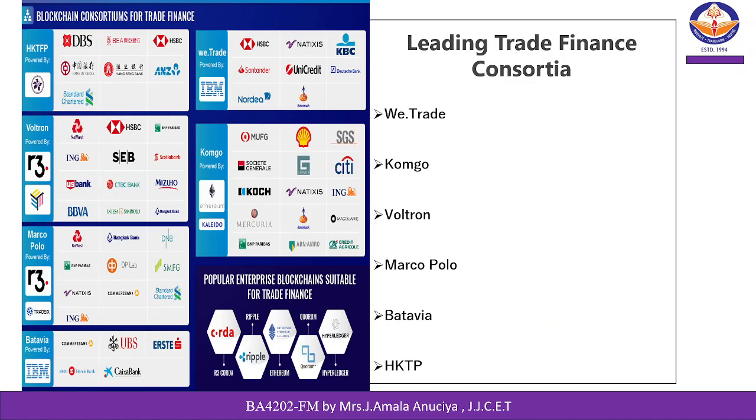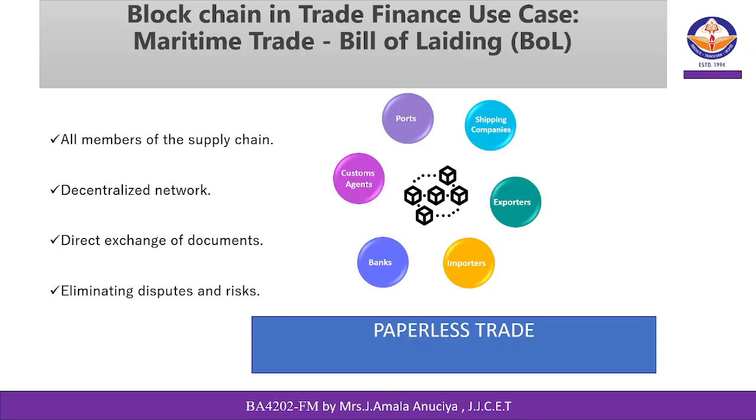Importers, exporters, shipping companies, ports, customs agents, and banks can take advantage of BOL. Let's just see this image. One example is TradeLens by Maersk and IBM, and others are also working to use BOL in their platform.